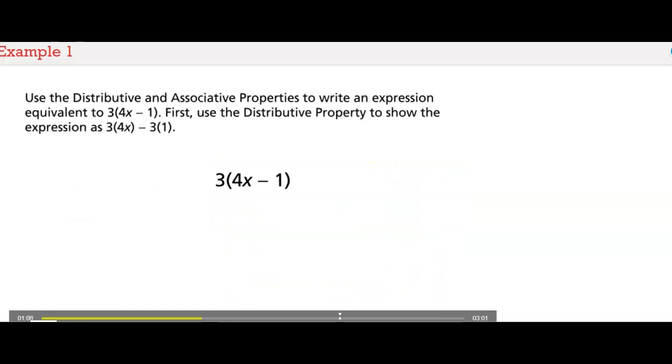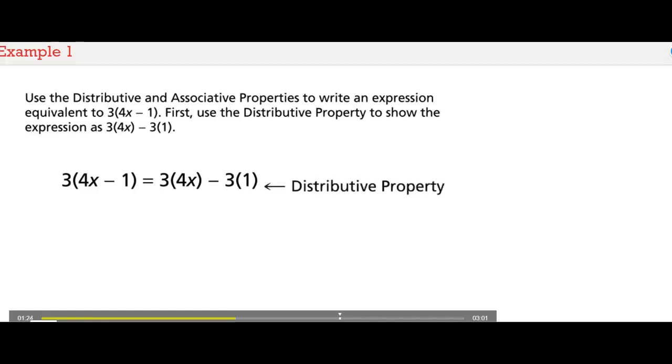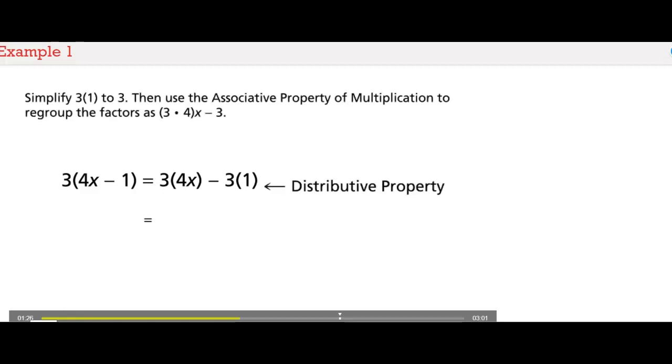Use the distributive and associative properties to write an expression equivalent to 3 times the quantity of 4x minus 1. First, use the distributive property to show the expression as 3 times 4x minus 3 times 1. Simplify 3 times 1 to 3.